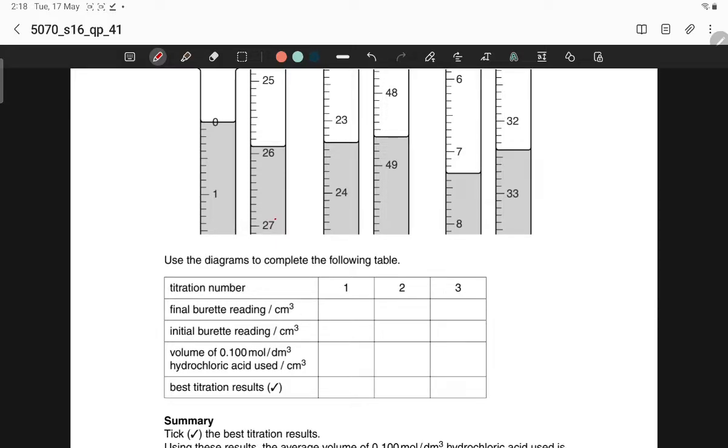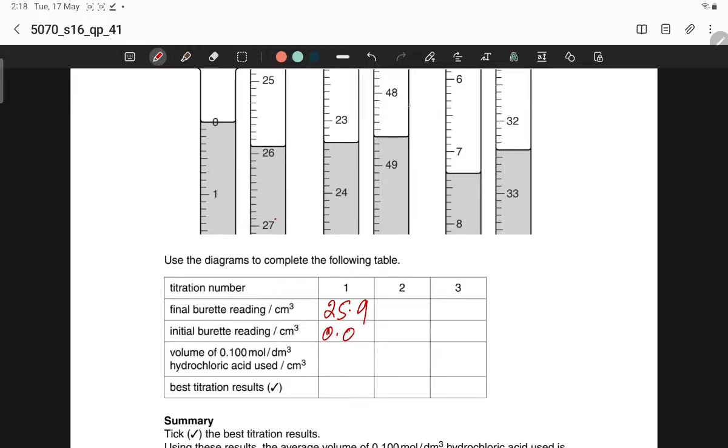So the final burette reading is 25.9 and initial reading is 0.0.